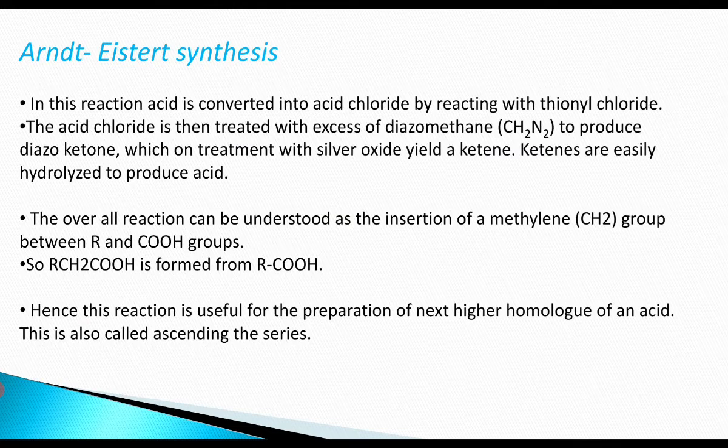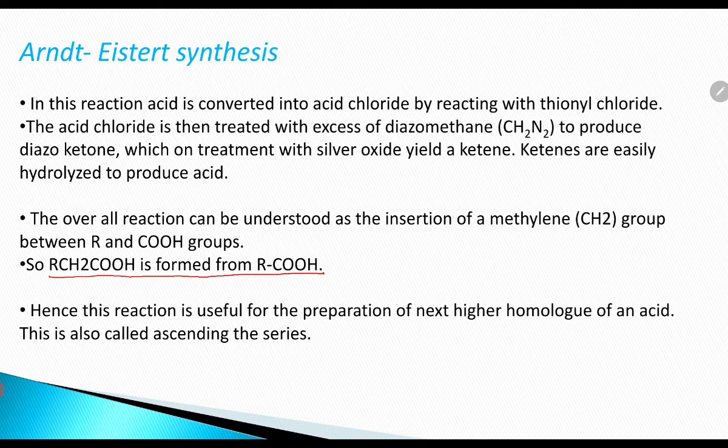This diazoketone on treatment with the silver oxide gives a ketene. Ketenes are easily hydrolyzed to produce acid. The overall reaction can be understood as the insertion of a methylene group between R and COOH groups. That is, RCH2COOH is formed from RCOOH.